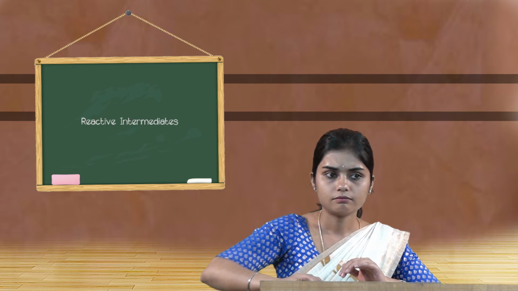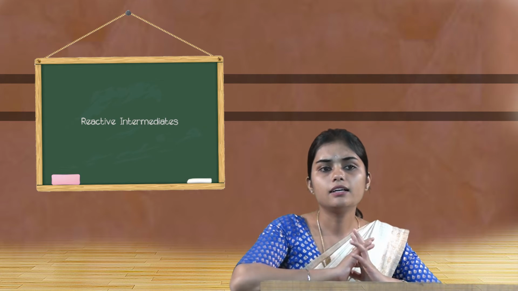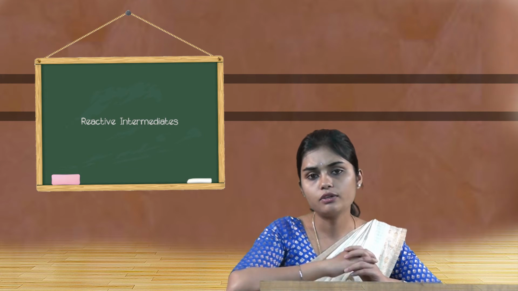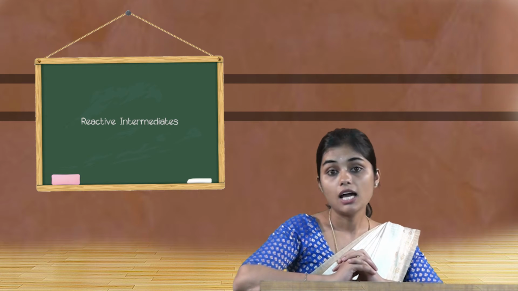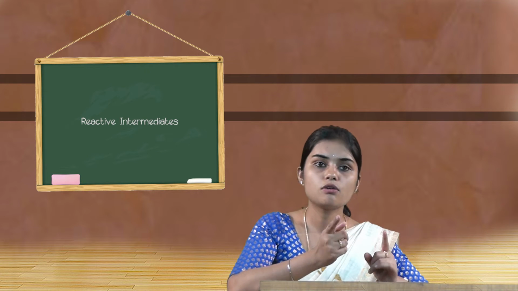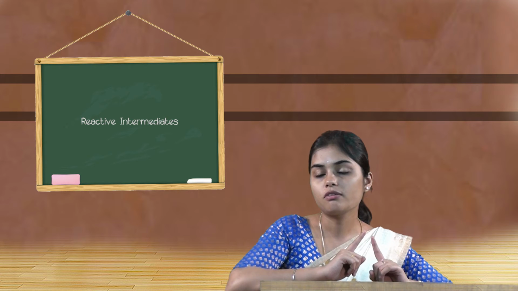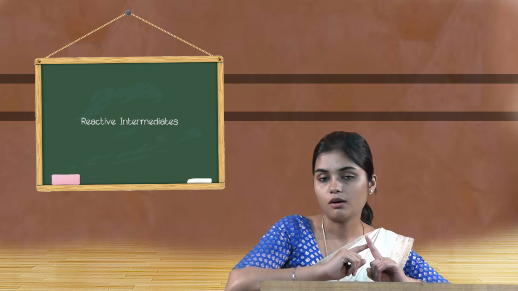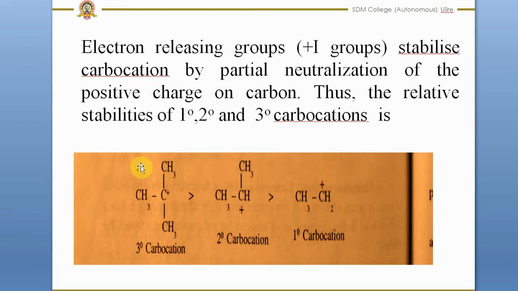Now, in the case of the carbanion, as you know, it is electron sufficient. An electron releasing group will obviously destabilize the carbanion.